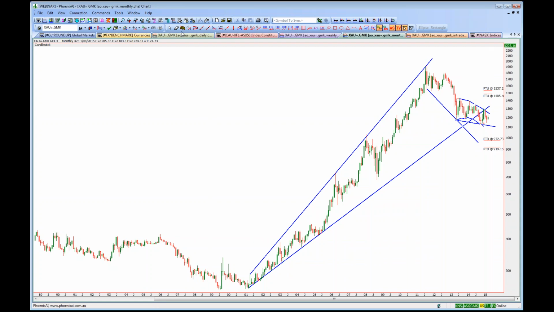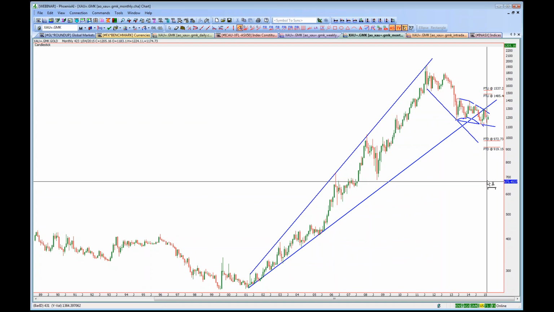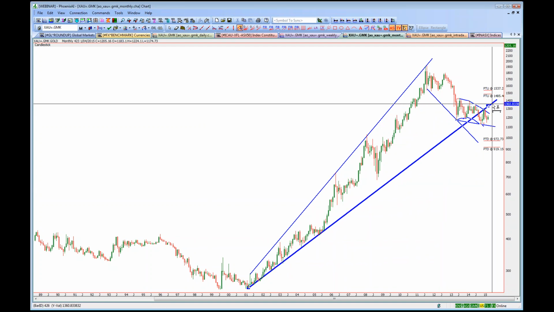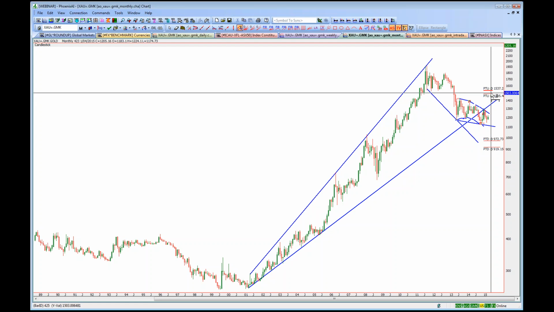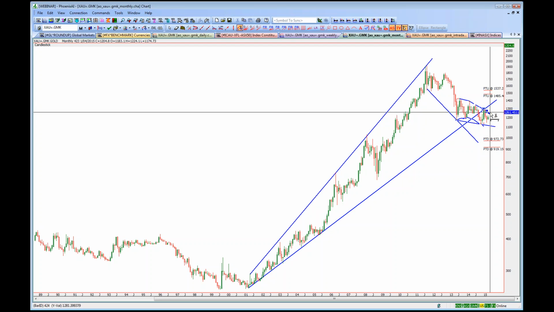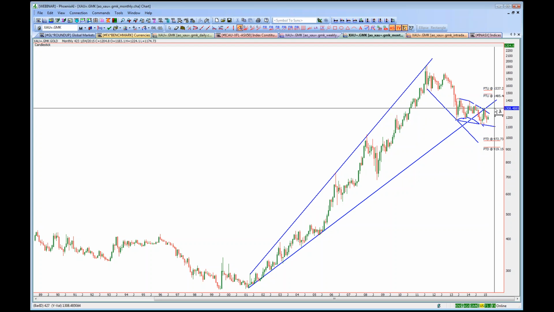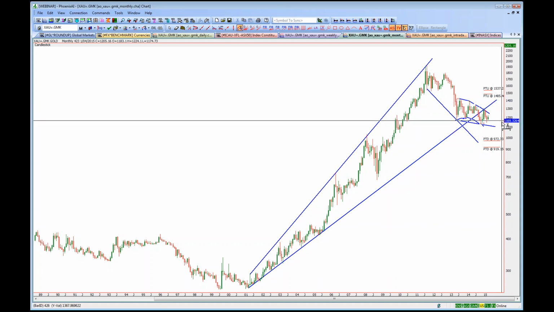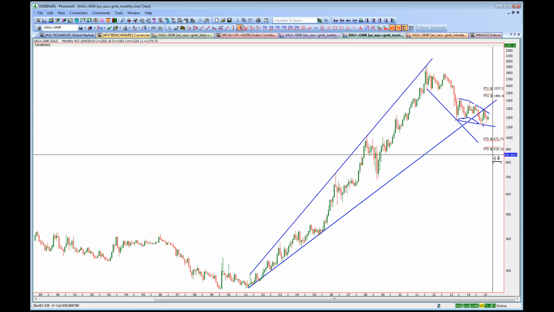So if we extend that line just to demonstrate that, okay. So even if it breaks up, there really is major resistance trying to get to on the upside. So any upside breaking above this point here, you're looking at basically the bottom of this broadening formation. If it breaks to the downside, you've got free fall.